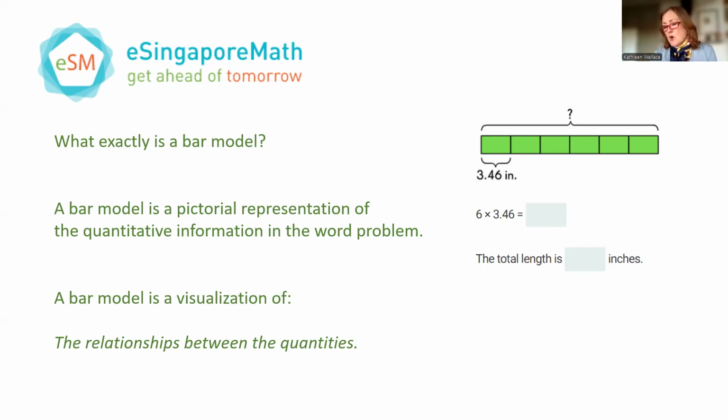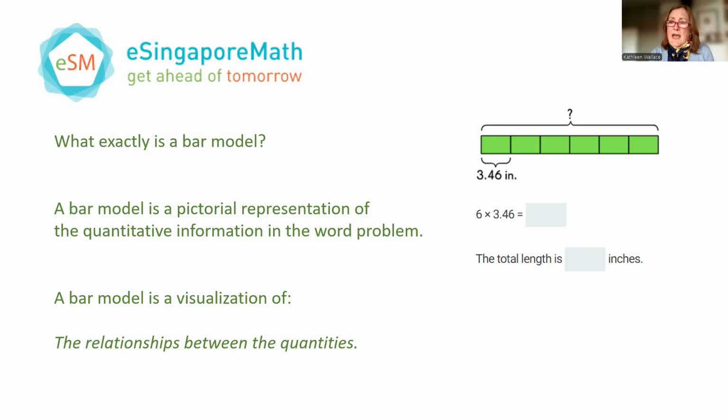And when children are working on word problems, and you probably have all had the same experience that I had, children universally find them very challenging. And it's challenging not only for the students, but for teachers to teach them as well. The essence of what we want the child to pull out of that problem is to find those relationships between the quantities.